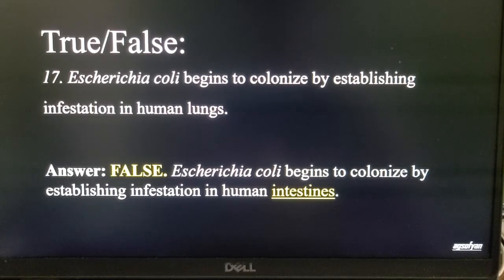So E. coli begins to colonize by establishing infestation in the human colon, the human large intestine. Sometimes you can also just say in the human intestine, but mostly they are located in the large intestine. Another name for large intestine is colon. E. coli lives in the colon.